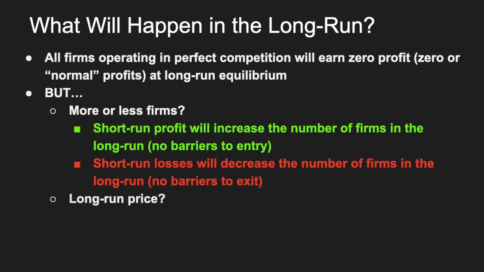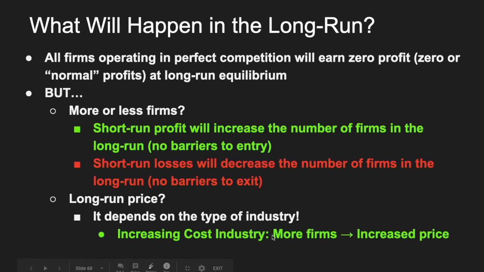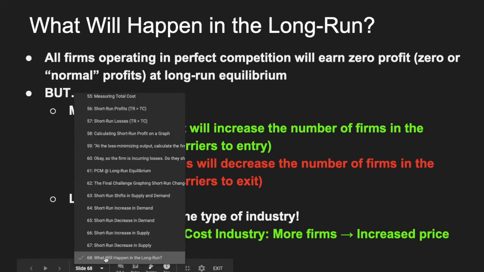But the long run price depends more on the type of industry that we're talking about. So if we're in an increasing cost industry, we learned about this the other day. You can check back in your notes here. Let's see. That would be slide number 59 or 60 there.